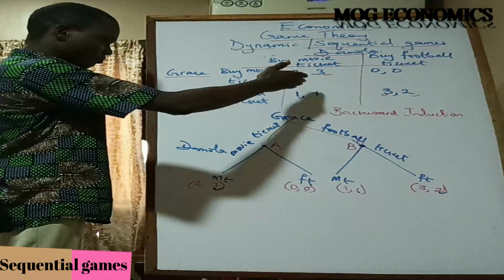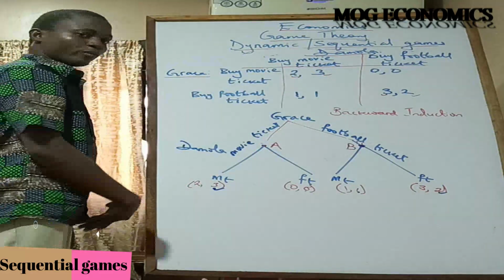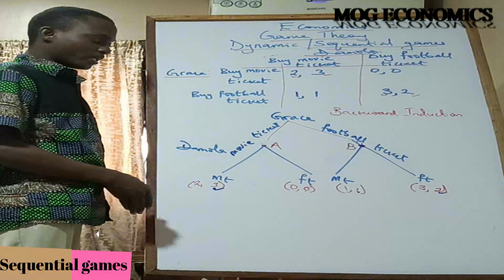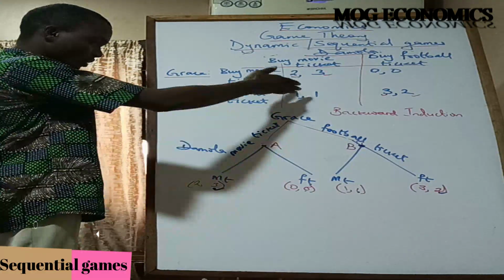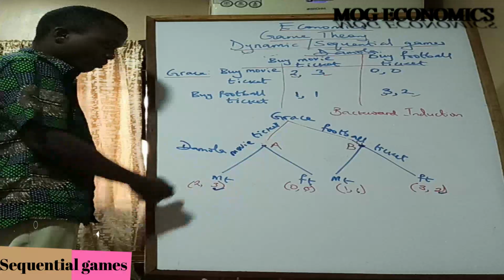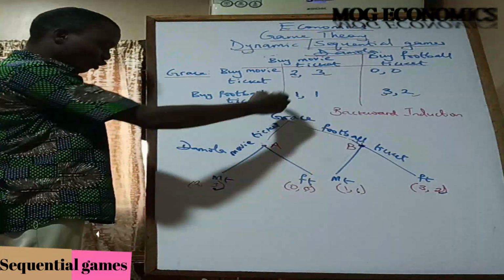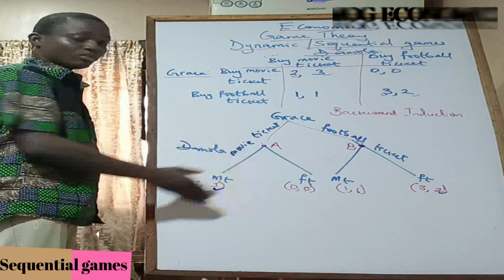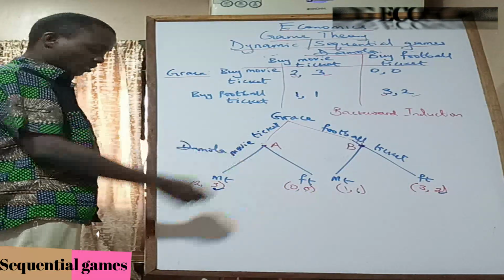Grace will look at it like, okay, if I go this way, I'm not going to get the better payoff. So Grace is considering movie tickets based on the 2 ways this person can respond. Where will Grace get the higher payoff if she chooses to buy the movie ticket, regardless of what the other person does?